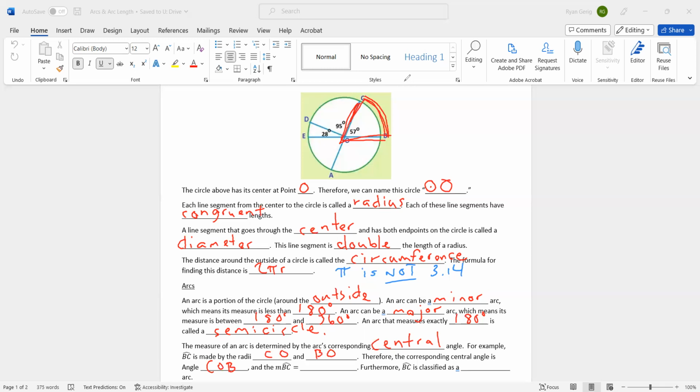And the measure, that's what the M means, the measure of arc BC is 57 degrees. Furthermore, BC is classified as a minor arc because it's less than 180. The relationship I want you to see here is that the central angle equals the intercepted arc. And you'll hear me say intercepted arc a lot.